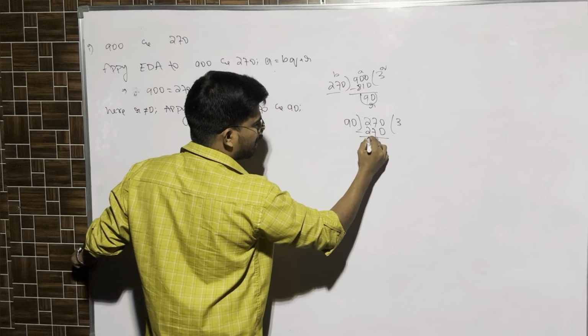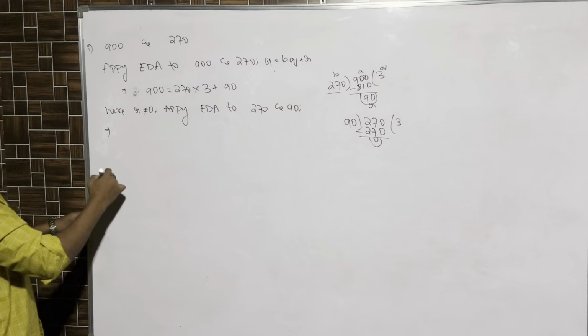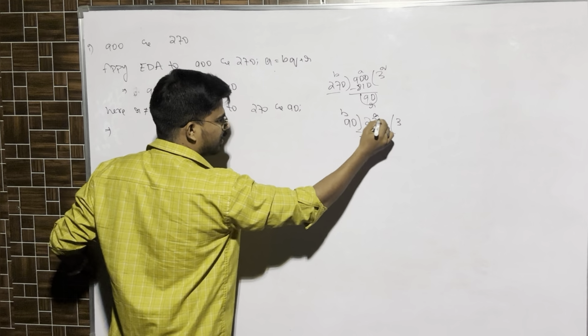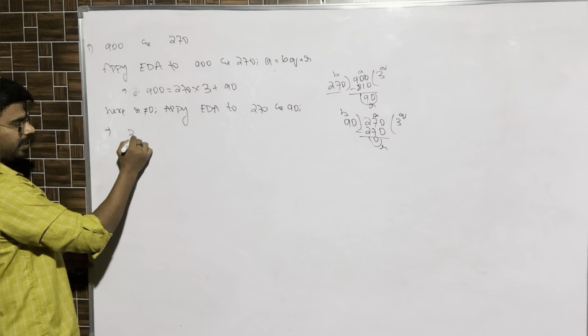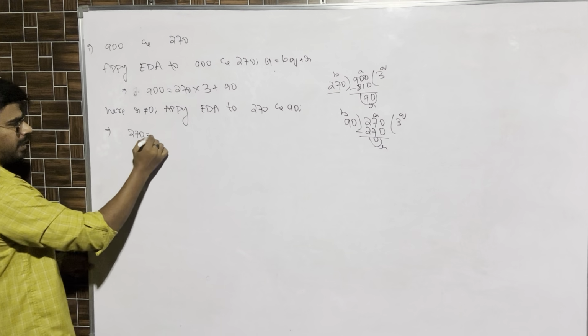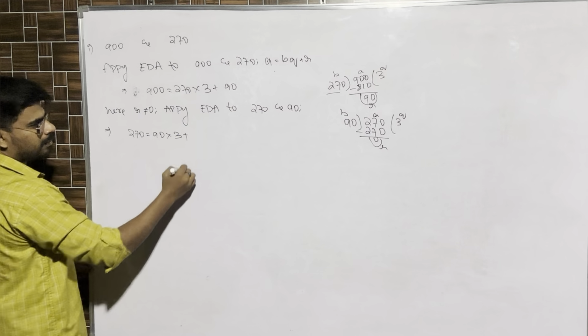So what is the value of A? A is 270. This is the value of A, this is B, this is Q. Here this is R. So A is equal to 270, 270 is equal to B, 90, into Q, 3, plus R, 0.